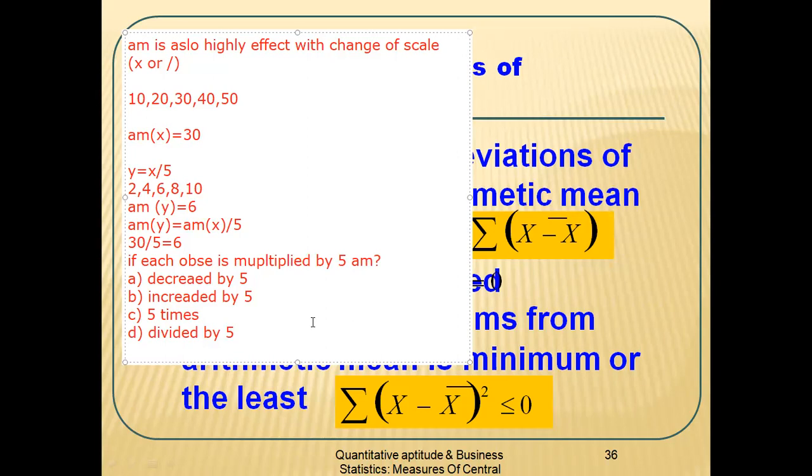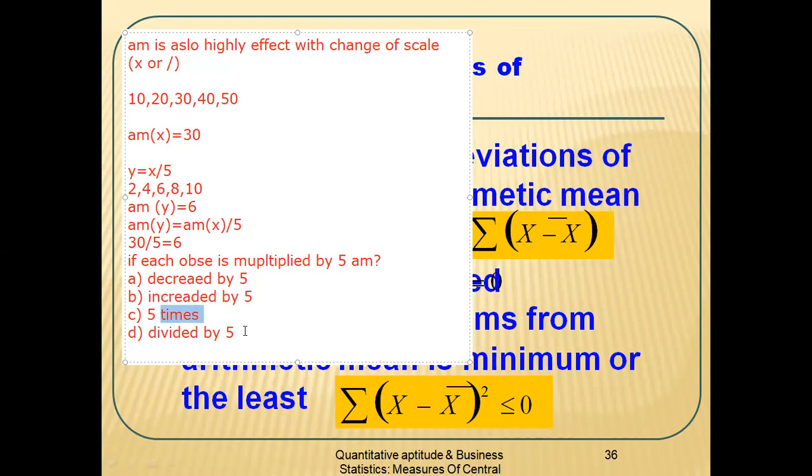Will your arithmetic mean be decreased by 5, increased by 5, 5 times the arithmetic mean, or divided by 5? 5 times. Times means into, multiplication. So your new arithmetic mean will be 5 times. Therefore option C is the right option.